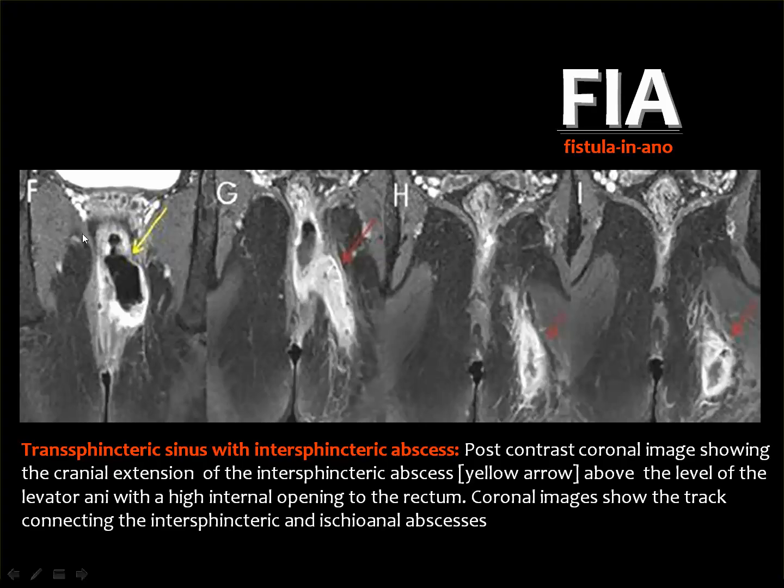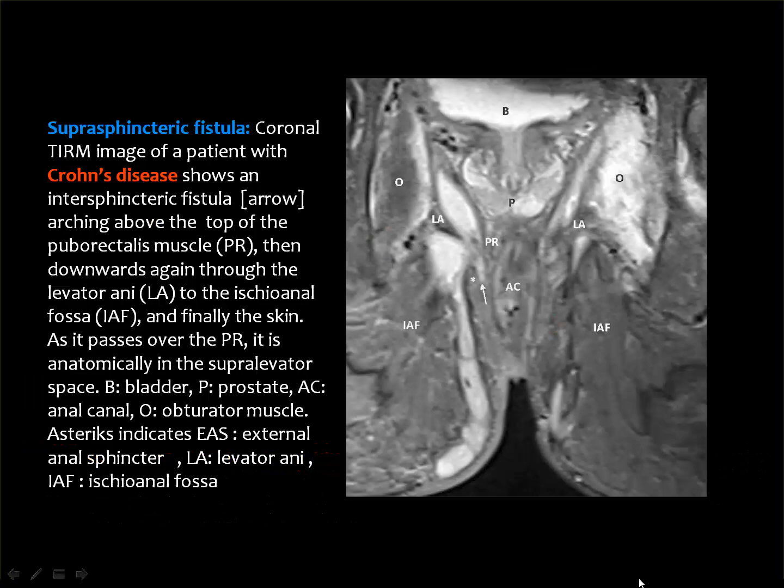You see this is the levator on the right side, and the levator has been crossed by the abscess, and the abscess has a collection here, and a track, or what looks like a track, which enhances significantly with contrast, connecting this abscess above the levator to this abscess in the ischioanal fossa.